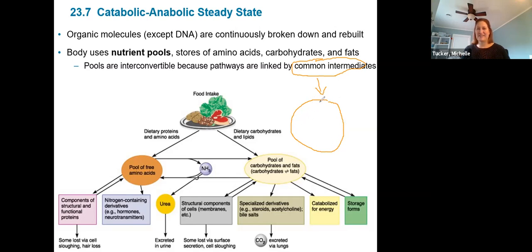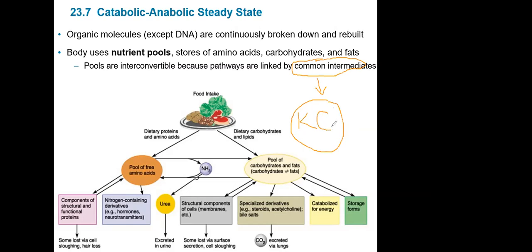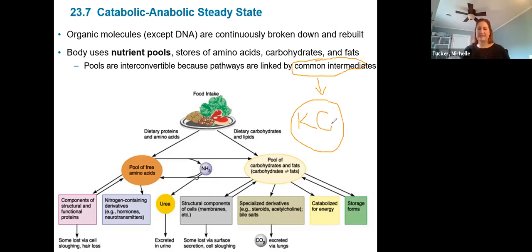This connects all of the pathways between carbohydrate, lipid, and proteins. That common pathway is called, we just looked at it. Krebs cycle. Yes, very good. So Krebs cycle links all of the pools together.